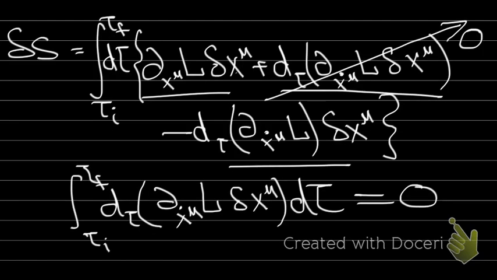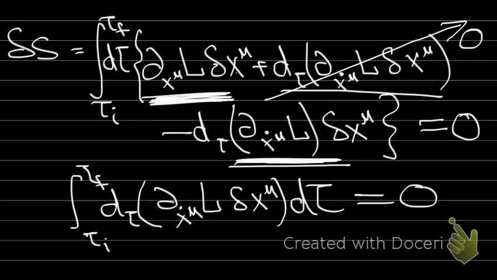Let me also mention that we know this delta s is equal to 0, so this whole expression is equal to 0. If the whole integral is 0, everything inside the integral would evaluate to 0, and so what you would be left with are these two terms as I just mentioned.